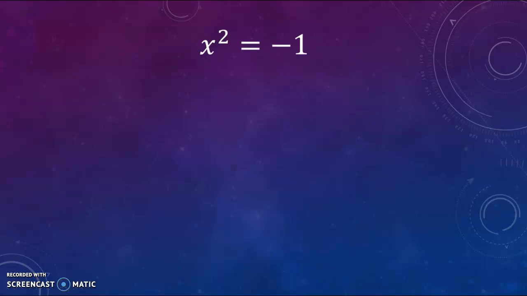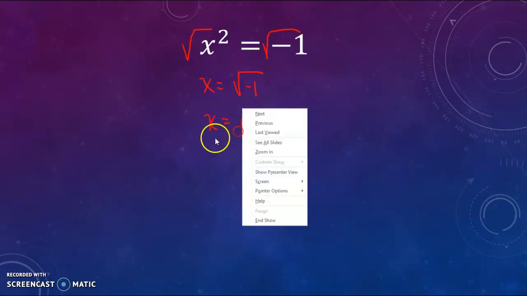So if we are trying to solve this, going back to the first slide, that means I have to take the square root of both sides. So x is going to equal the square root of -1, which means that x equals the imaginary i.